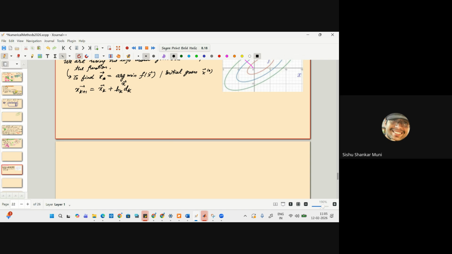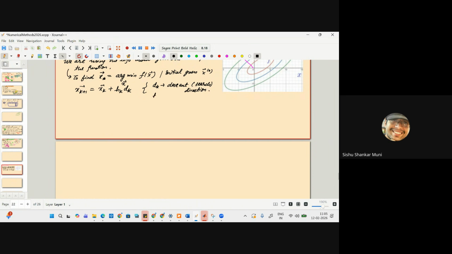Such dks are known as the descent or search direction. Search direction means it is searching in which direction I should go so that I can reach the optimization point. You can appreciate the method more once I show an image in the next figure.